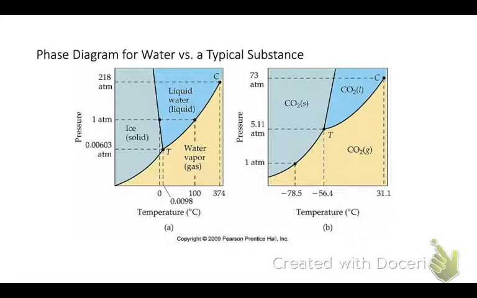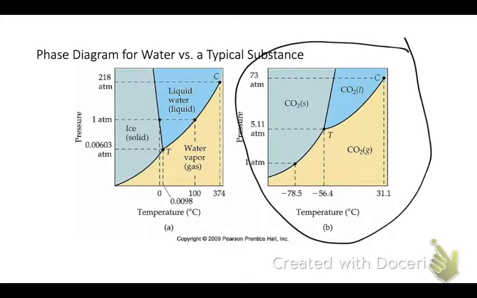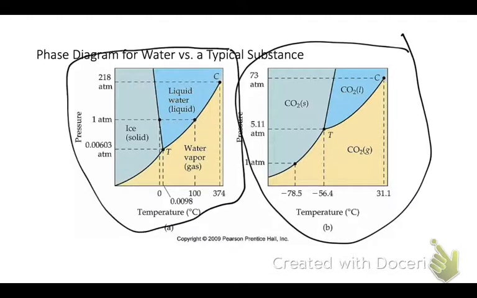Any typical substance will look like that. Here is carbon dioxide as an example. Only water has that other phase diagram. So what's the difference between them? The difference really is in the slope of this line right here. All substances will have that slope except for water, which will have the slope going to the left.